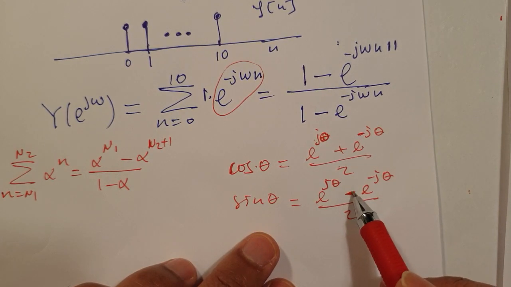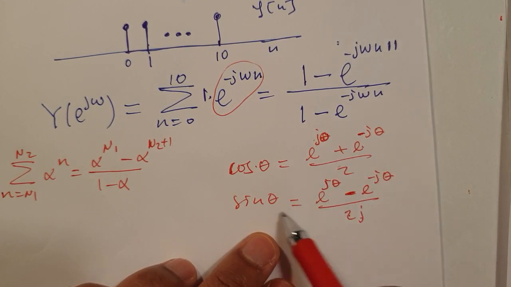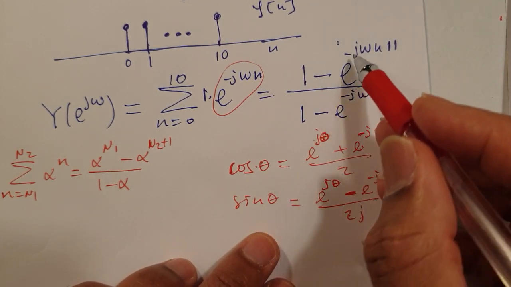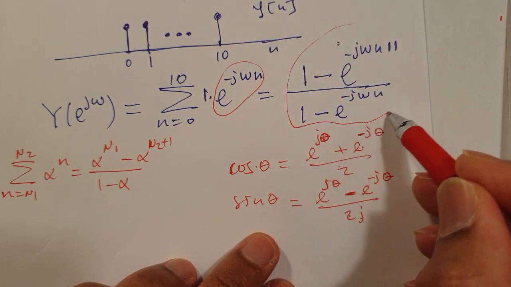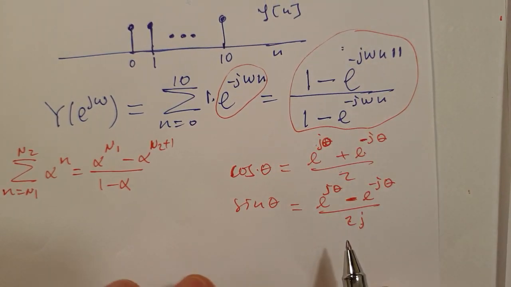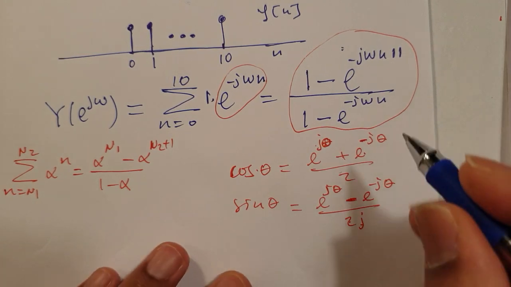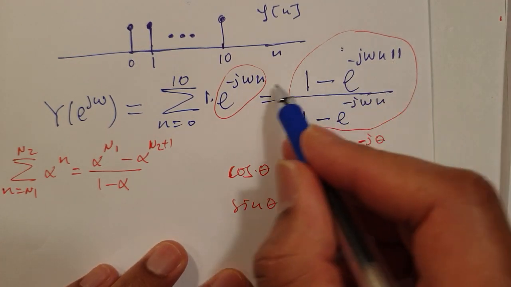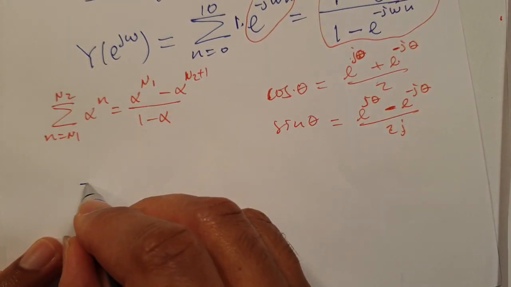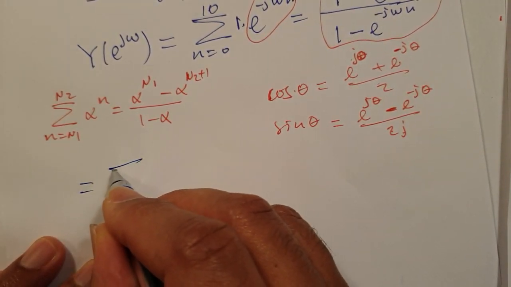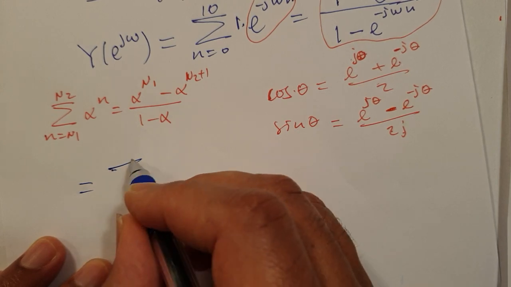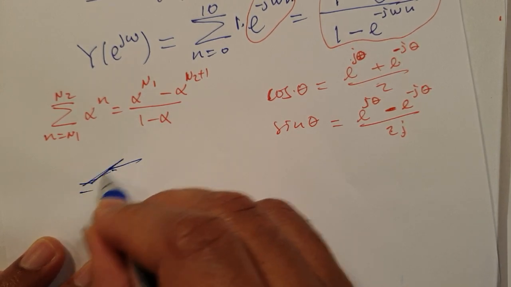If I'm subtracting them, I will end up with 2j sine. So here I see that I don't actually have this, but I could if I try to shift this down, so I could write it as a sum. I have already calculated the sum, sorry.